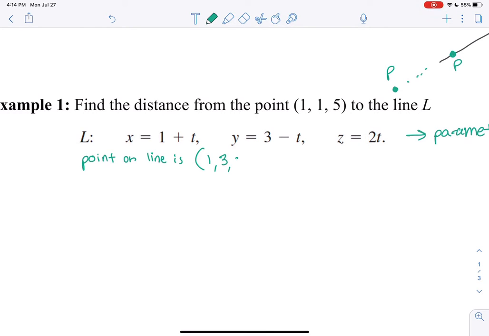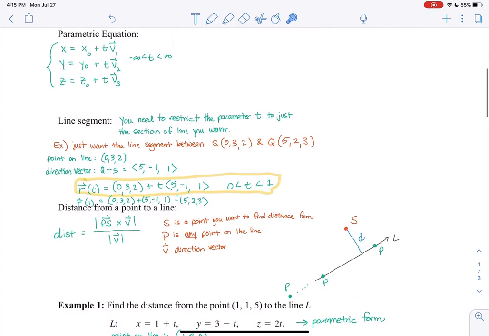And then our direction vector is equal to (1, -1, 2). I got that from the coefficients of the parameter. It gave me the direction vector. And I just got these straight from the parametric equation of a line.